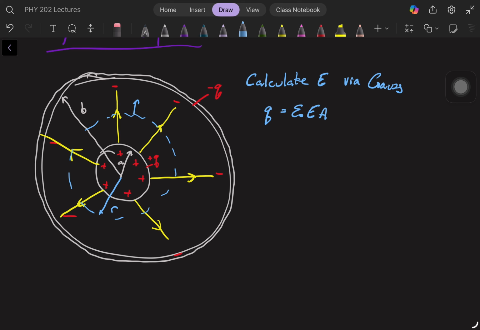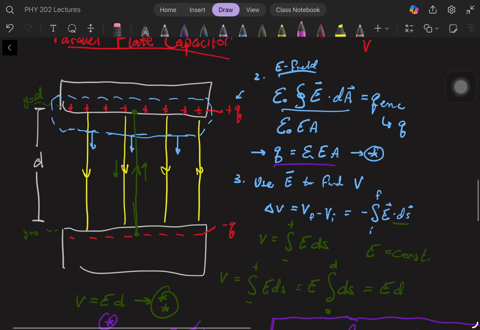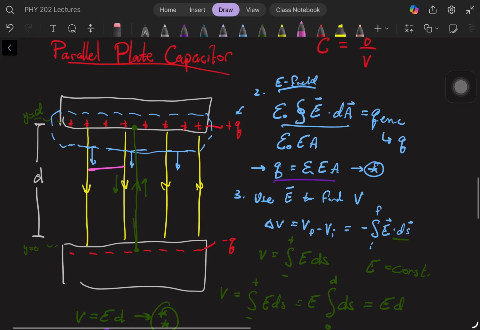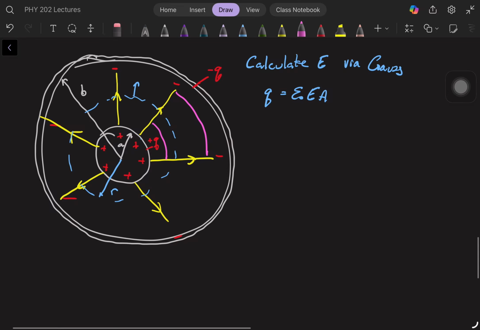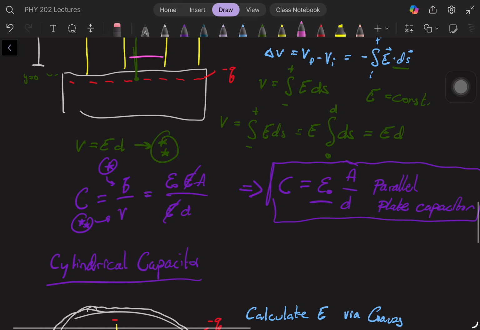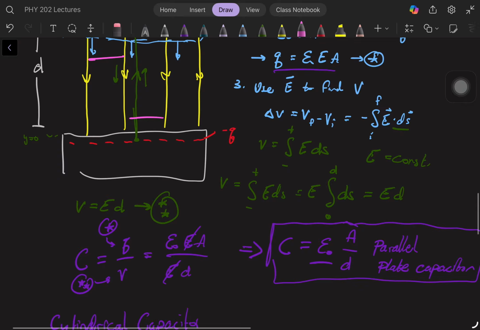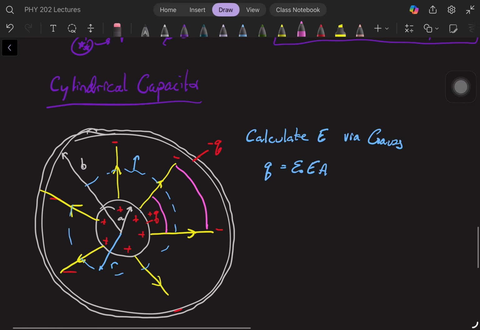Important to note, the electric field is no longer a constant between the plates, right? So we can see as we're very close in, they're closer together, and then the further out we go, the further separated they are, as opposed to here, where the electric field is a constant throughout the plates. Which means when we get to step 2, we're going to have to actually evaluate the integral.